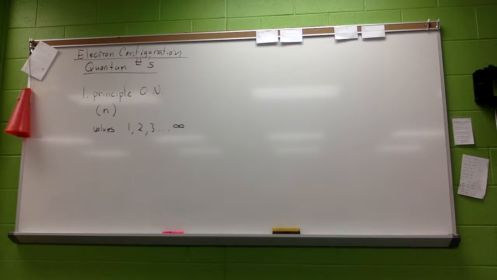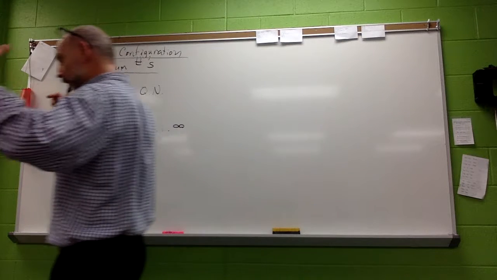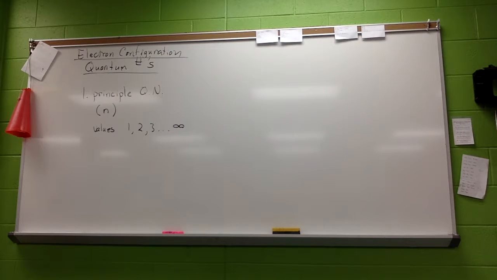Not very probable, okay? So we have to come up with a way of saying, where can we expect to find the electron? It was arbitrarily determined to be 90% of the time. That gets us down into the size of the atomic scale that we're looking at. It could be anywhere, but 90% of the time it's going to be in this highly probable region.